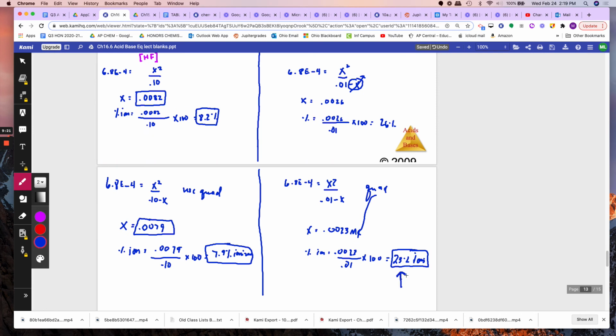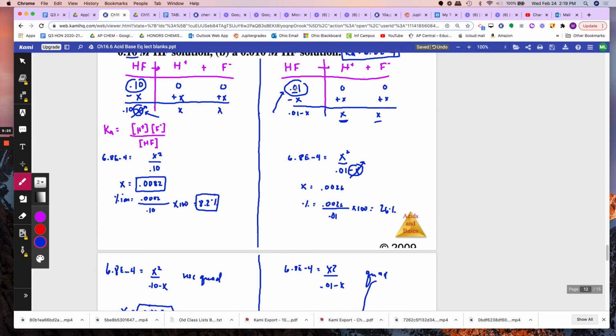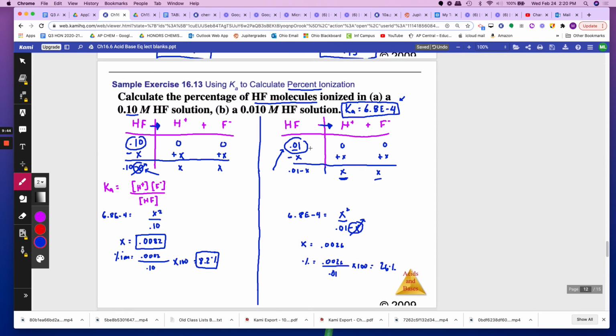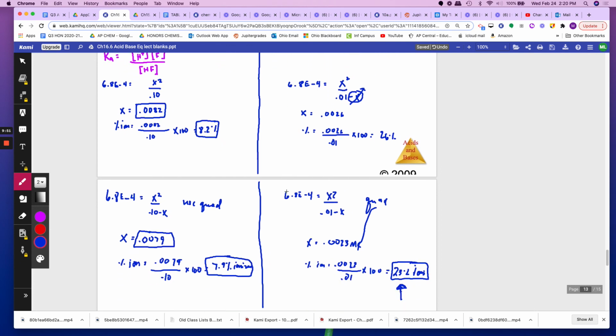You get a higher dissociation because if the molarity is lower, there is more room in the water and the HF wants to break apart more than if you have so many ions in there, 10 times more, where it won't break apart as much. So the take-home story is dissociation is better at lower concentrations.